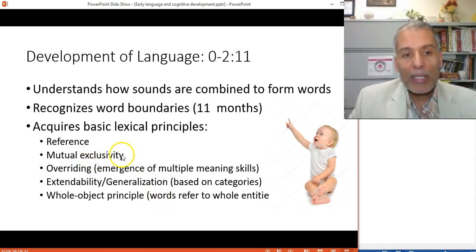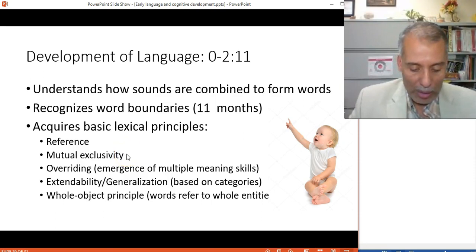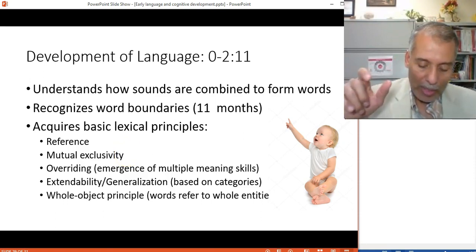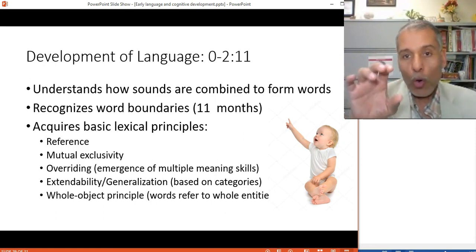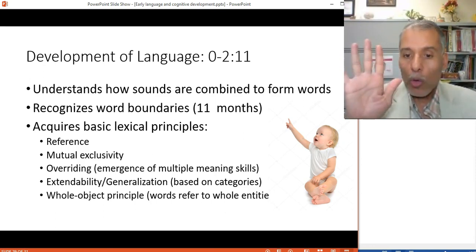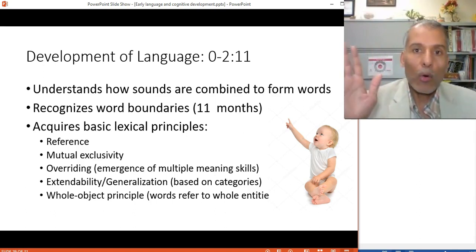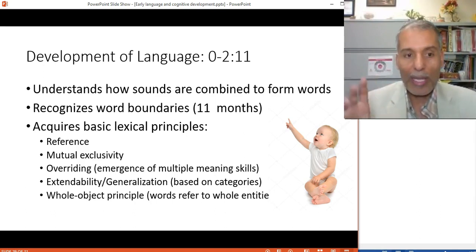Mutual exclusivity, what I mentioned before, was that initially when the image is of a white horse, it becomes horse to the child, and nothing else is a horse unless it is white and looks like the one that the baby saw. That's mutual exclusivity.